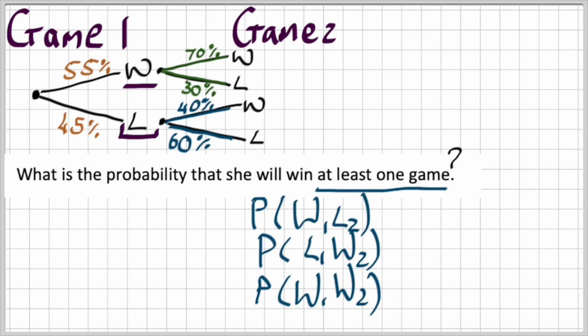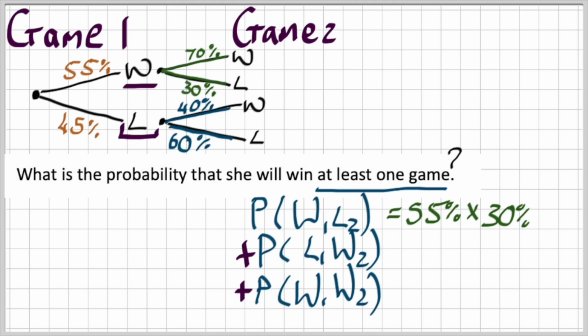So therefore, because I'm hearing the word or, I'm going to think of adding those probabilities together. So what is the probability of the first one? The probability of winning the first one, and remember I'm using the word and, so think about multiplication, and losing the second one. Well, that's 55% times 30%.